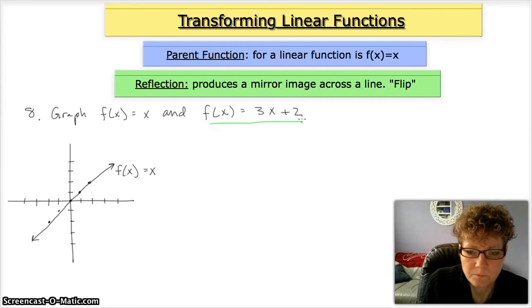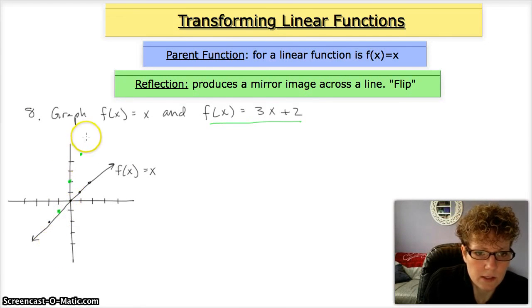So I'm going to start at positive 2. And then the slope is 3 over 1, so the rise is 3 over 1. So I would go up 3 over 1, and then I'm going to go down 3, back 1. So then this line is going to look something like that.